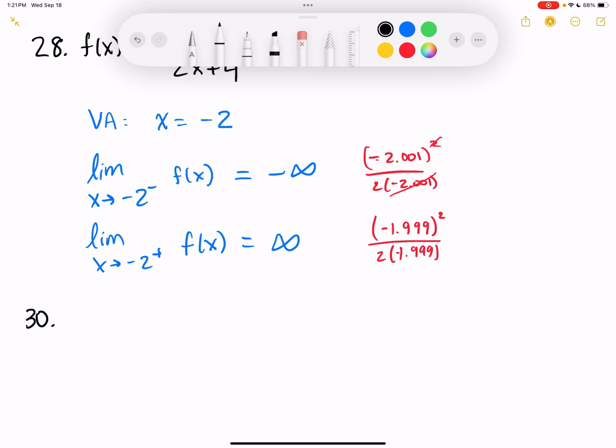Thirty. F of x equals 1 minus x over 2x squared minus 5x minus 3. Are we still finding the vertical asymptotes? How do I do that?